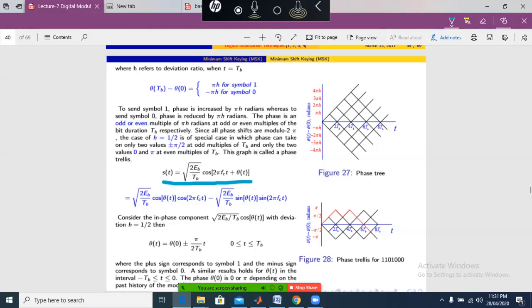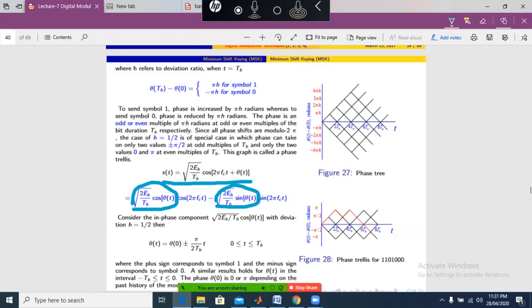So we have the in-phase component of the signal represented by this, and the quadrature phase component represented by this equation.